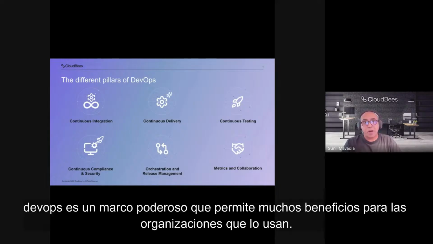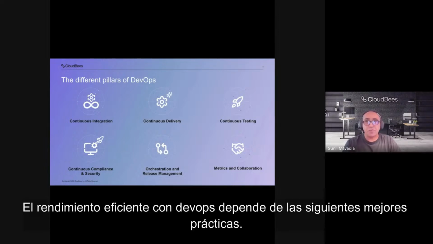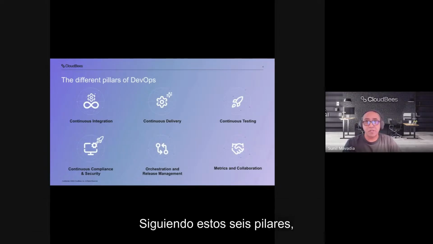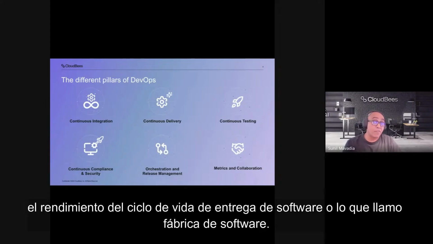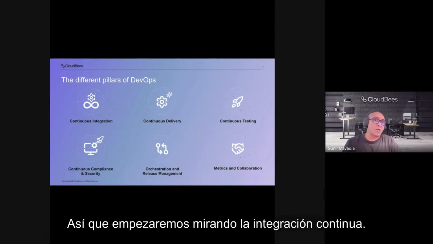So DevOps is a powerful framework that enables many benefits for organizations that use it. Achieving performance efficiently with DevOps depends on the following best practices. By following these 6 pillars, you can achieve and sustain and improve the performance of what DevOps has to offer and the performance of your software delivery lifecycle, or what I call the software factory. So we'll start off by looking at continuous integration.